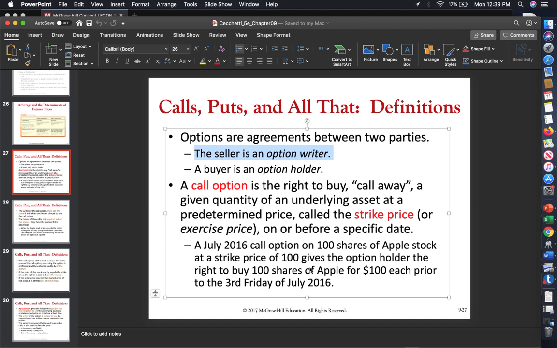So you make $5 per stock. Since it's 100 shares that are worth only $95 on the market, you would make essentially $500 by executing your right. And of course, you would do that in that case.